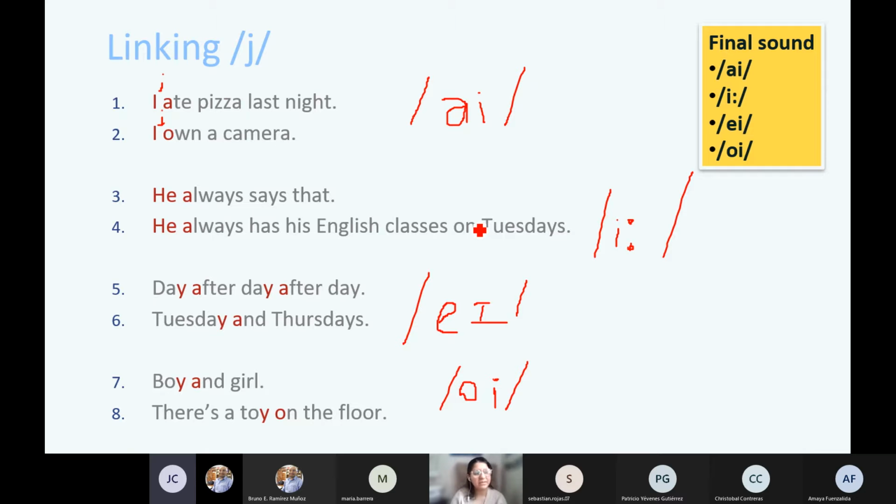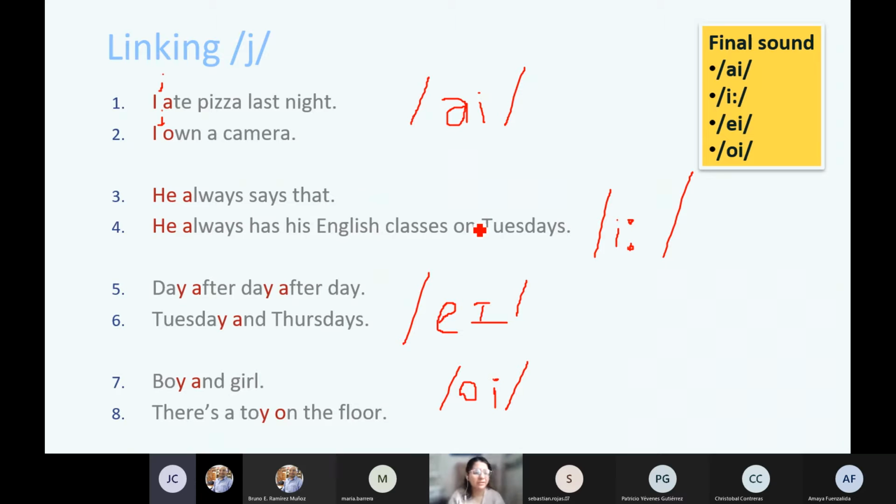Now for examples number 5 and 6, we have "day after day" and "Tuesday and Thursday." Here, for instance, I think it's easier to notice in the first one, because if you say it fast, it's not that noticeable.